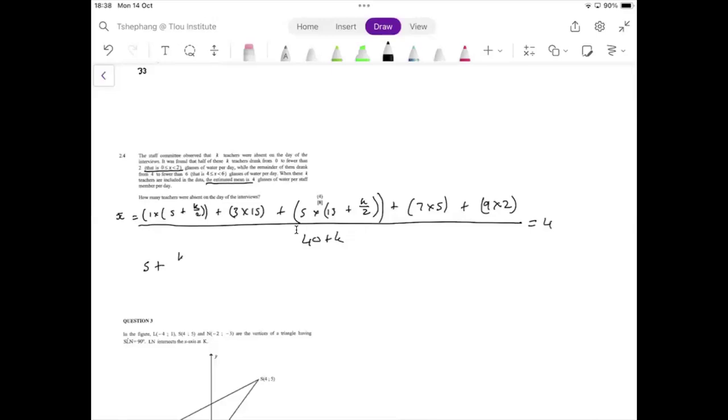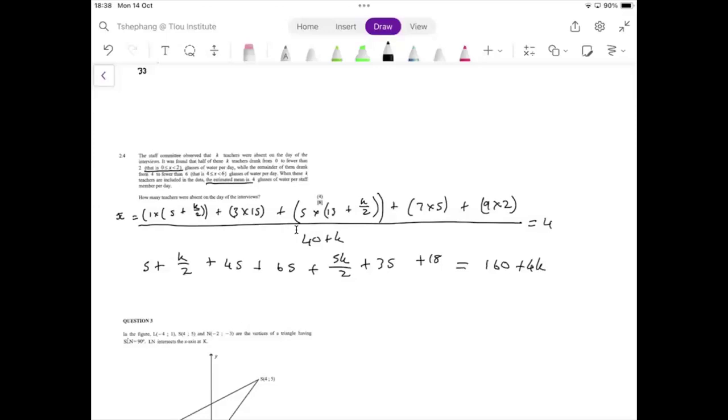So 5 plus k over 2, plus 45, plus 65, plus 5k over 2, plus 35, plus 18, must be equal to 160 plus 4k.